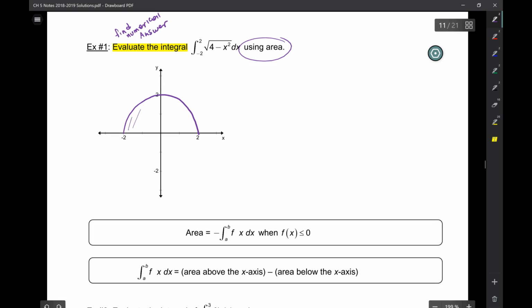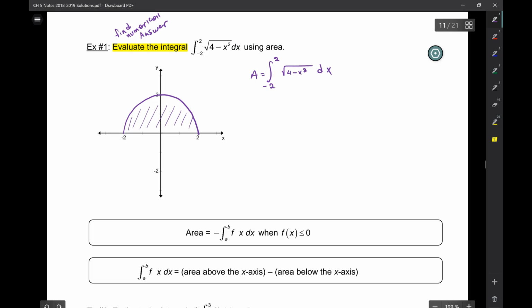Basically I need to find the area under this curve. Another way of saying area is saying find this: from -2 to 2, the integral of the square root of 4 minus x squared dx.